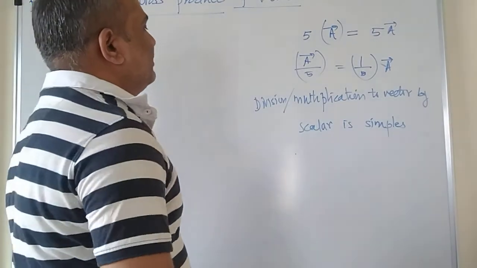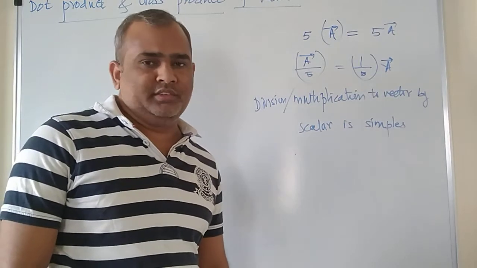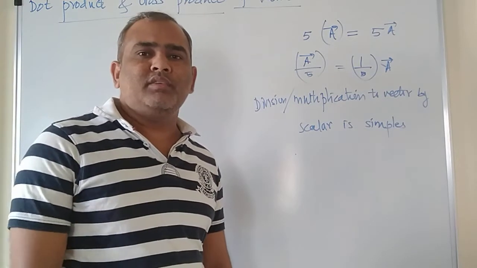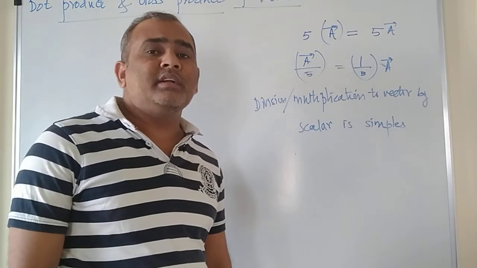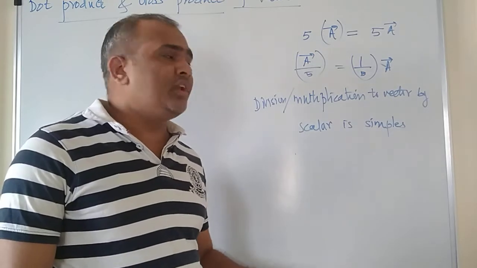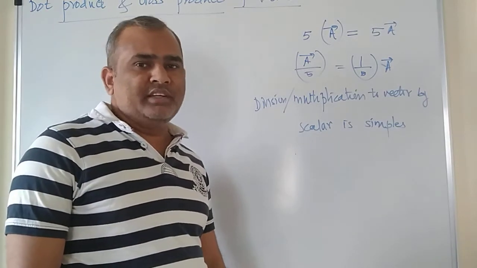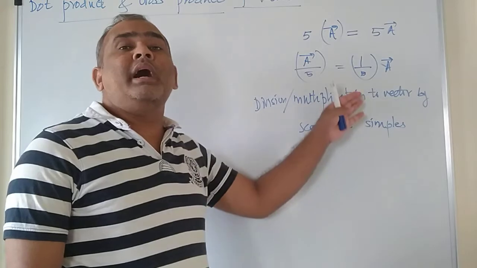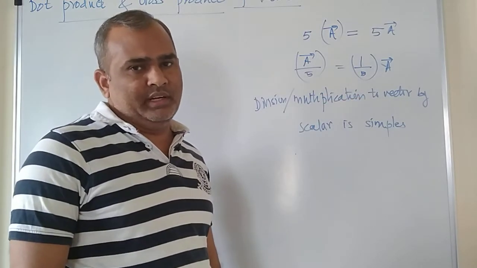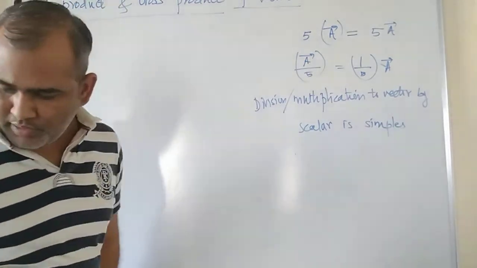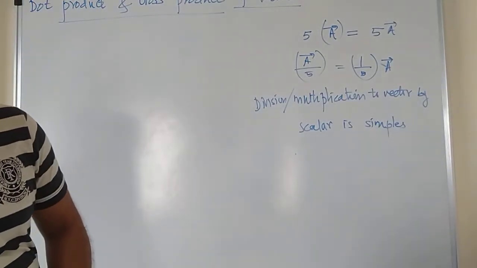Now here we have to study what happens if you are multiplying 2 vectors, both vector quantities. The multiplication of 2 vectors doesn't obey the laws of algebraic multiplication, and that's why we need to understand the laws of vectors here, isn't it?